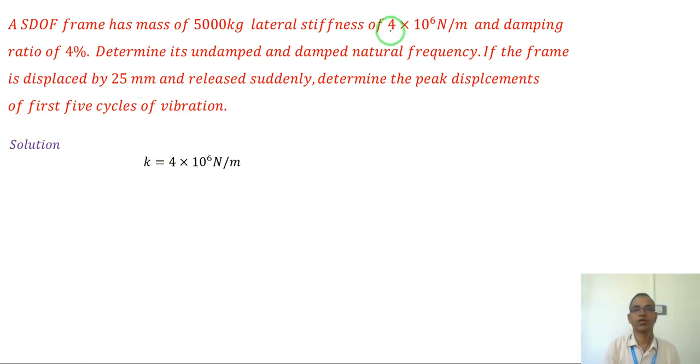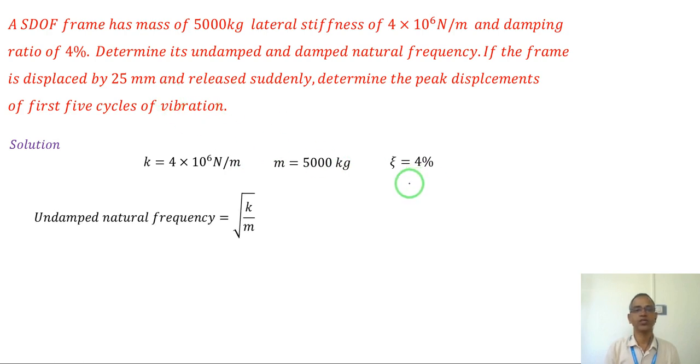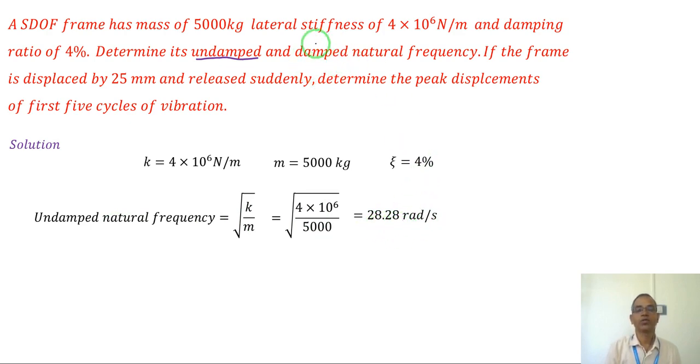So we have K equal to 4 into 10 power 6 Newton per meter, mass as 5000 kg, and damping ratio of 4%. The undamped natural frequency is root over K by M. Substituting, we get the undamped natural frequency as 28.28 per second. Now the damped one, omega d.